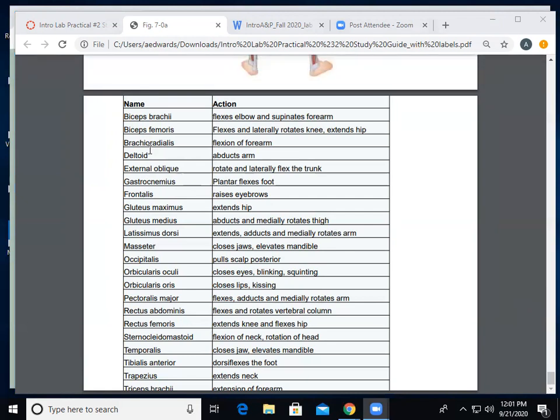Like the biceps flexes your arm, your triceps brachii extends your arm. Sometimes it's easier to remember these muscle actions by matching with the opposing muscle. You can kind of remember one does the opposite. Flashcards are really good for this. The games are really good for this. Quizlet, there's a lot of quizzes out there that have the actions on there.